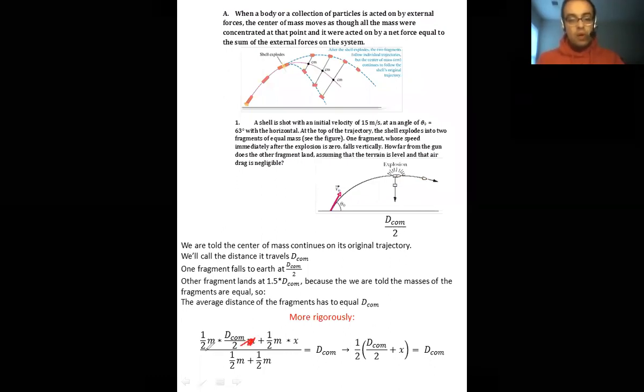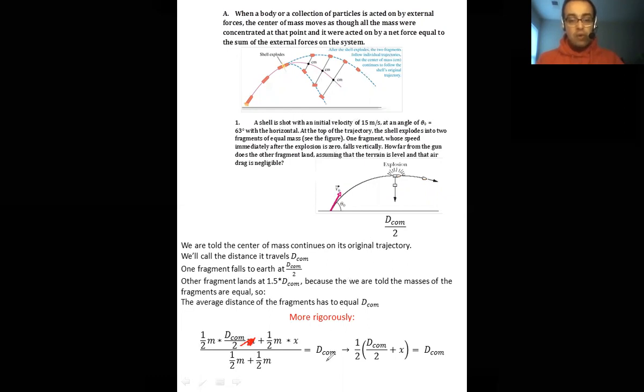Right? So there's the mass, and here's the distance. And then we have this second mass being half of the initial mass, traveling some distance x. Okay, and then that's over 1/2 m, that's the mass of the close particle, plus 1/2 m, that's the mass of the far particle.